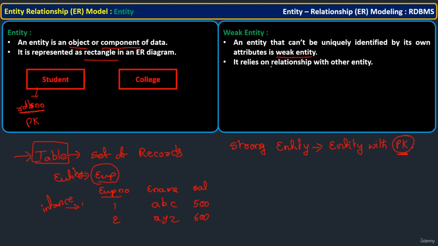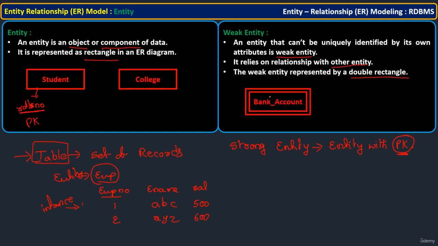So it relies on the relationship with other entities. To identify the records uniquely, it depends on other entities. That part we will get clarity on in the discussion. So that we are going to represent with a double rectangle. For example, take bank account. In an organization, for every employee, we have to take a bank account.